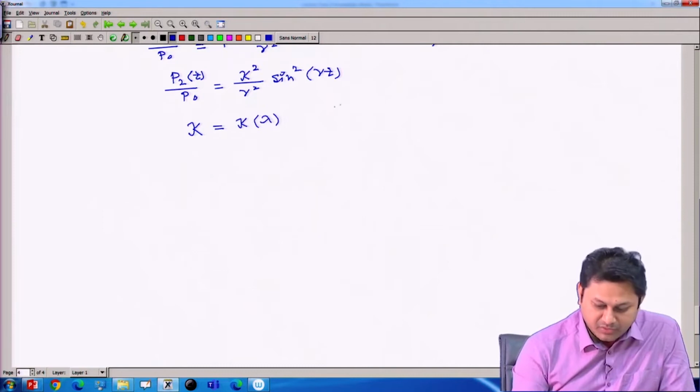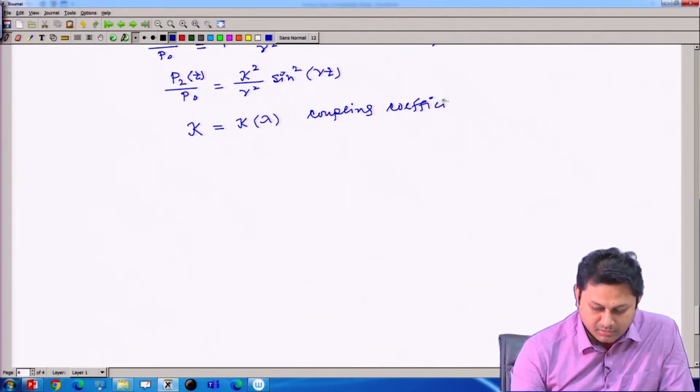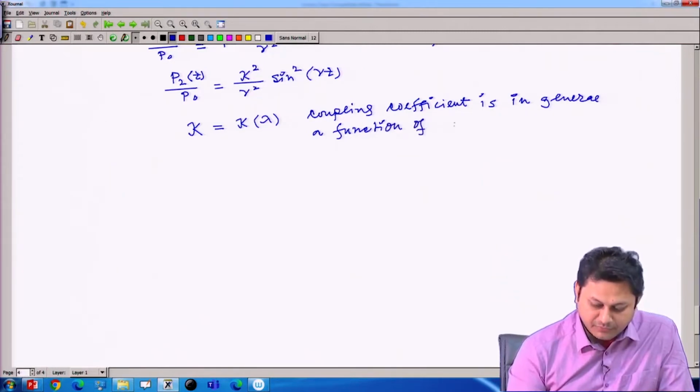So, the coupling coefficient is now, in general, a function of wavelength.